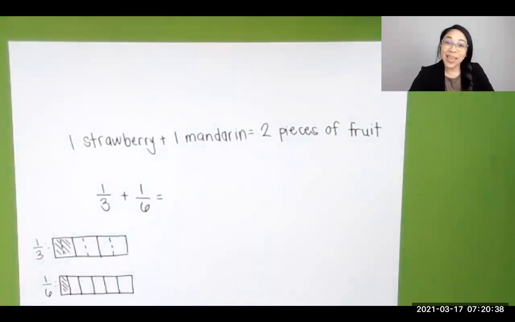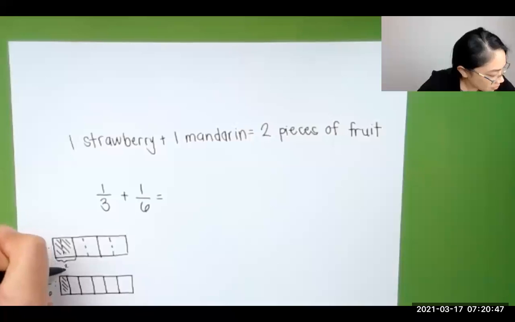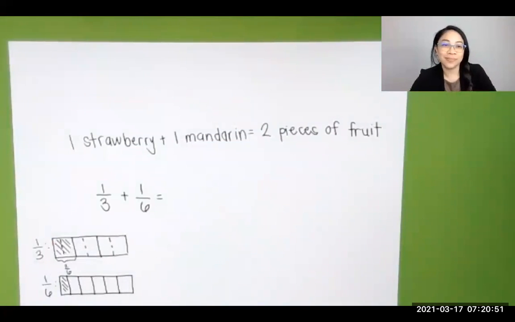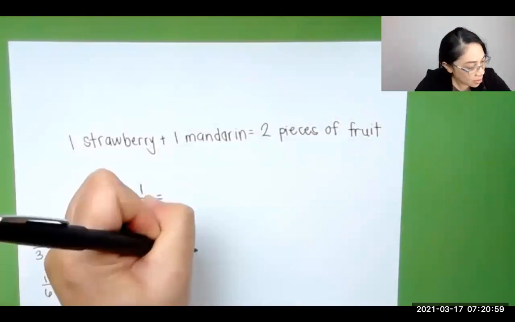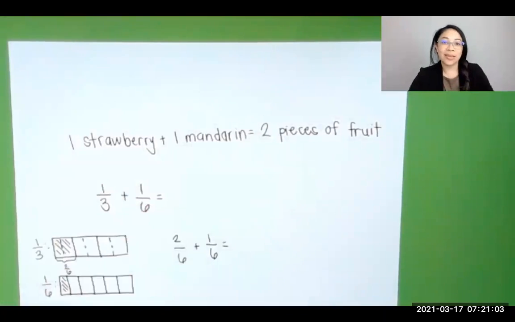We can see that 1/3 equals 2/6. Now that we have like units, we can add 2/6 plus 1/6. And how many 6ths are there altogether?